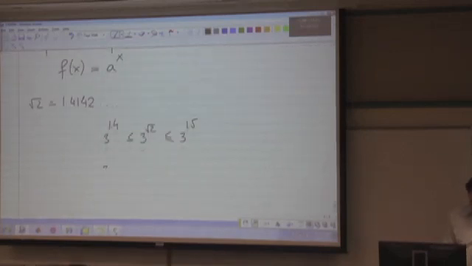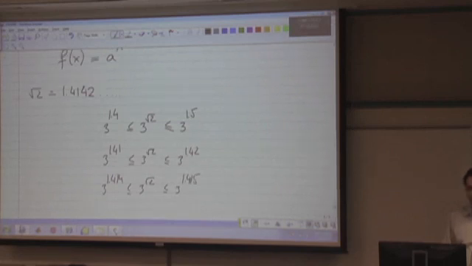But I can also approximate it by 3 to the 1.41 and 3 to the 1.42, or go even further, 1.414, 1.415, and basically just take a limit. The idea is, where are the left values converging towards, where are the right values converging towards, and that's your value.